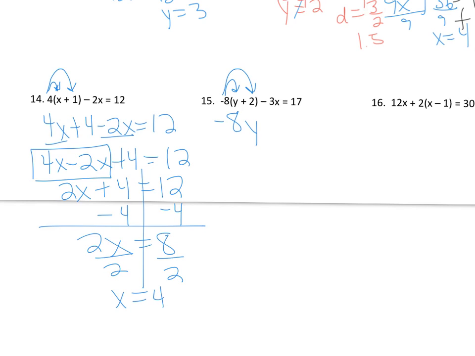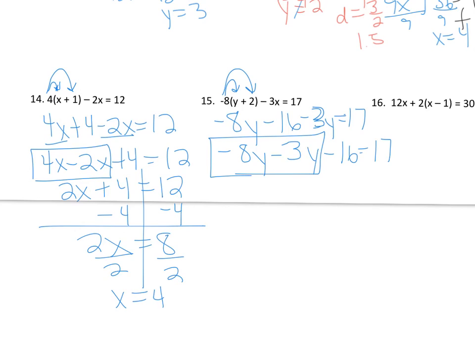The next one I'll do negative 8 times y is negative 8y. Negative 8 times positive 2 is negative 16. So now I need to use a commutative property to move my like terms together. Oops, let me fix that. I put x and I should have put y. And those are like terms. And now I'll combine my like terms.